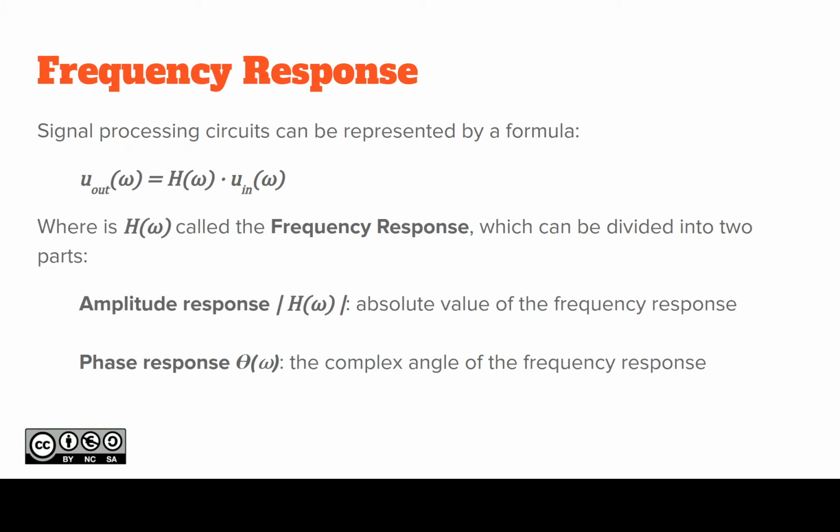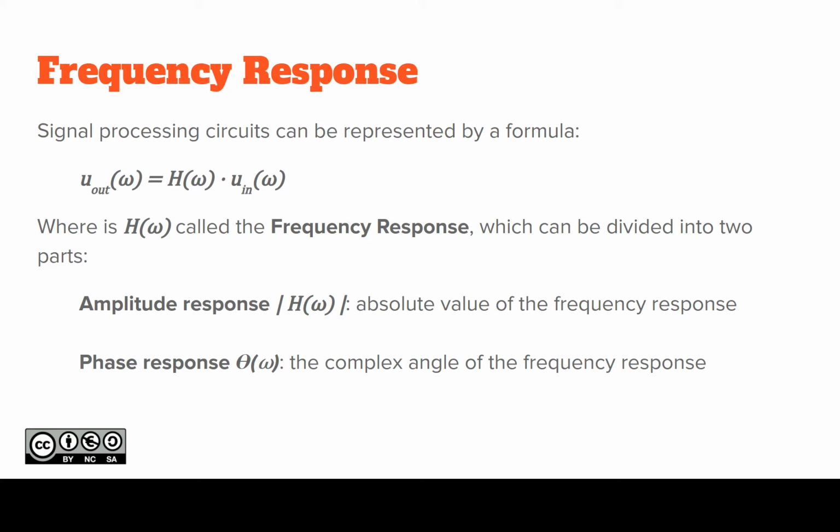Okay, it's a complex function, but again, nothing complex about complex numbers, plain old engineering. So H of omega is the frequency response, and this can be divided into two parts. Well, it's a complex number. So for a complex number, there's the amplitude response, which is the absolute value of the frequency response, and then the phase response.